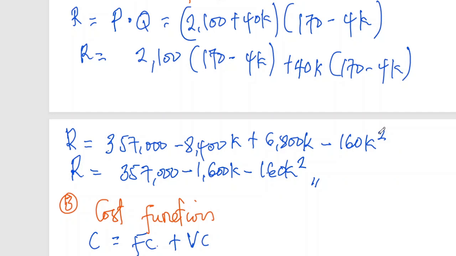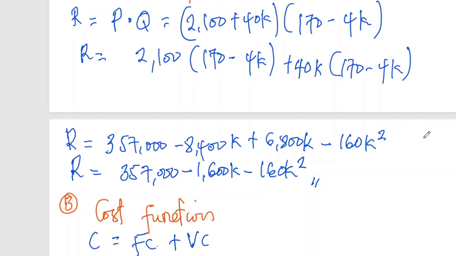Expanding the bracket, 2,100 times 170 gives 357,000, minus 2,100 times 4, which gives 8,400k, plus 40k times 170, which gives 6,800k, minus 40k times 4k, which gives 160k squared.